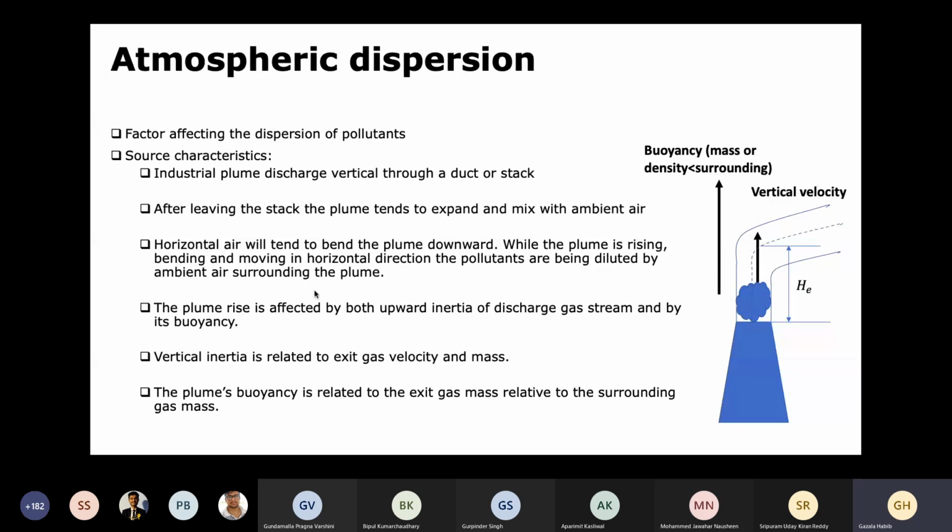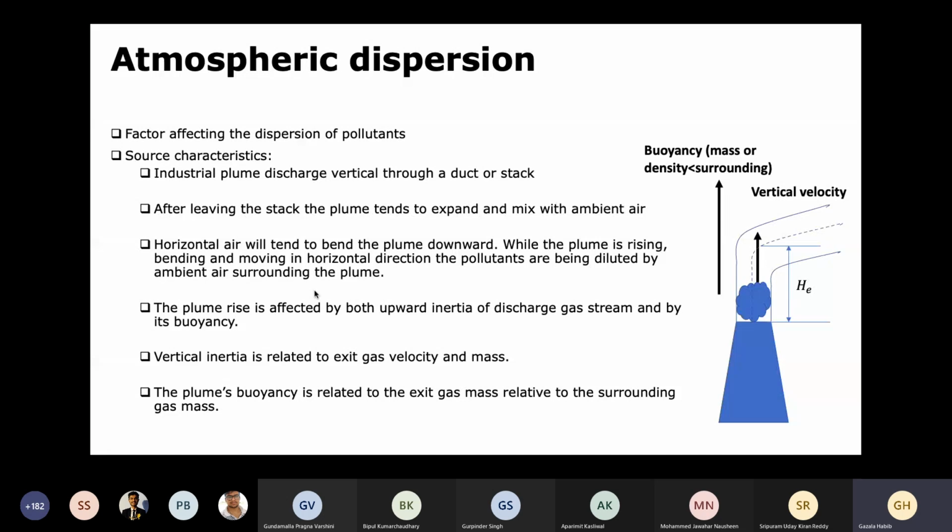So what will happen, because of the low combustion temperature and probably high moisture content, the velocity and the density of the plume which is coming out from the brick kiln would be very different than the one which is coming out from the power plant.